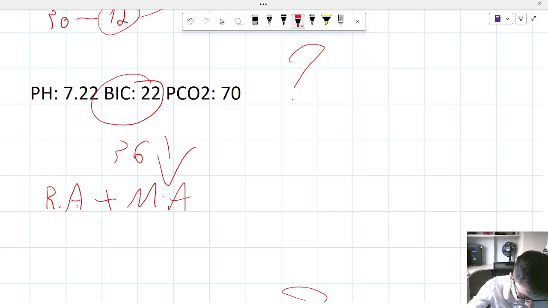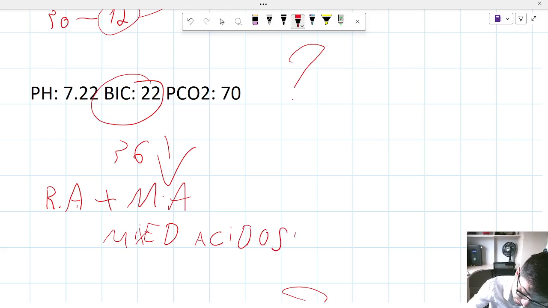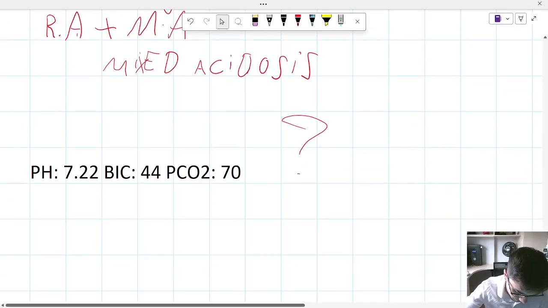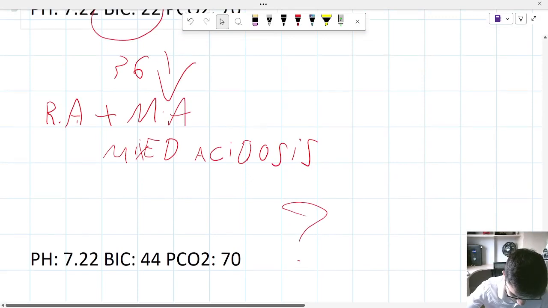So it will actually be again a mixed acidosis. But remember, it's different from the last mixed acidosis that we saw. The main disturbance here is caused by the lungs. It's a respiratory acidosis. Let's go down here a little bit.